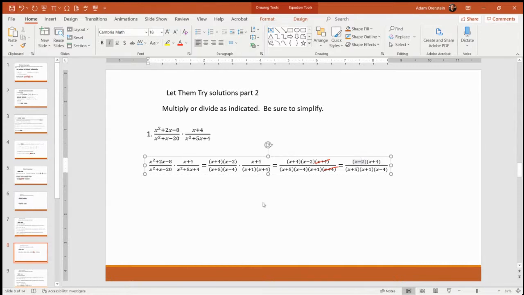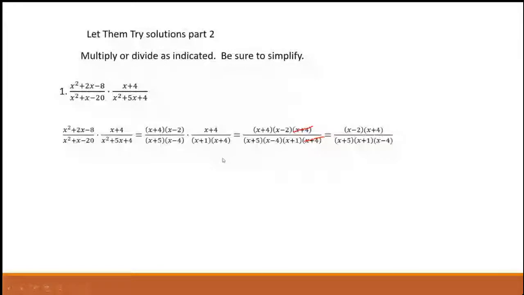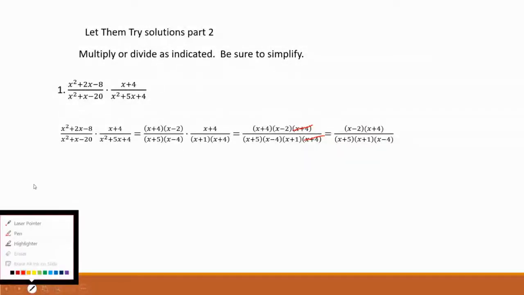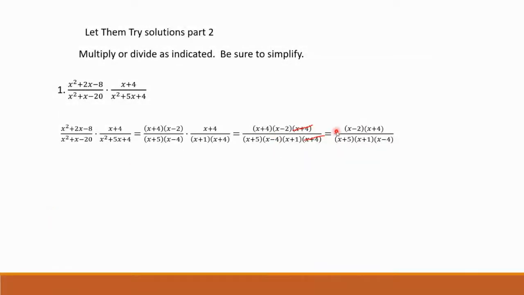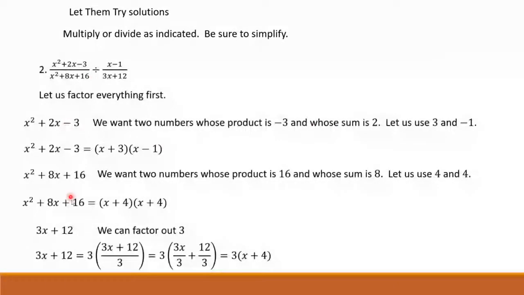Okay, so that example is done. Now for the next one, it's really the same idea. What I did again was I factored everything first, then I actually divided. So from here, we have x squared plus 2x minus 3.